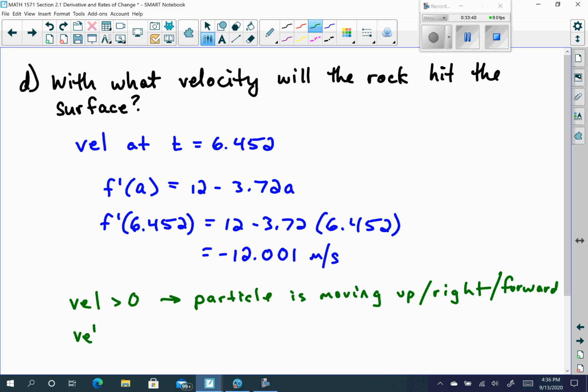When velocity is negative, it just means the particle is moving down, left, or backwards. Now, when velocity is 0, that's actually when we're changing direction. So we'll take many more examples of working with velocity. But all this means the velocity is negative because our rock was coming back down when it hit the ground. It was the direction it was traveling in at that instant.